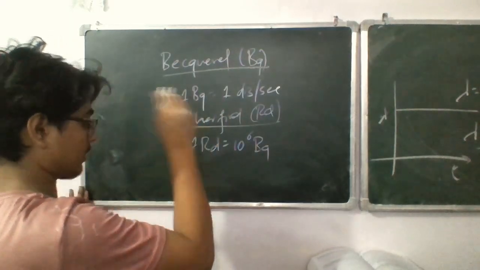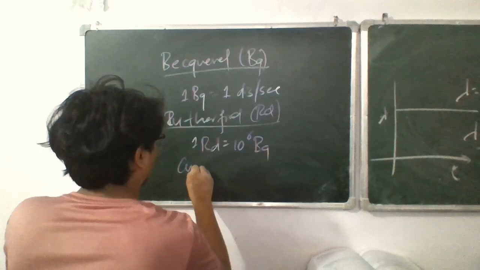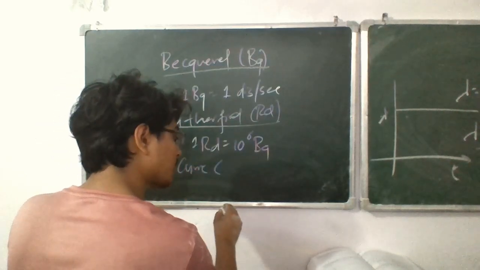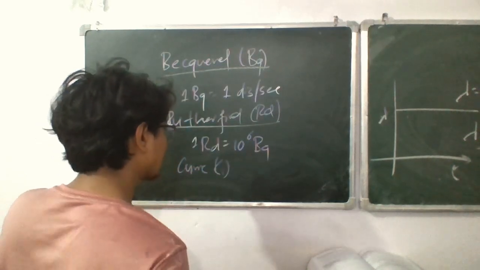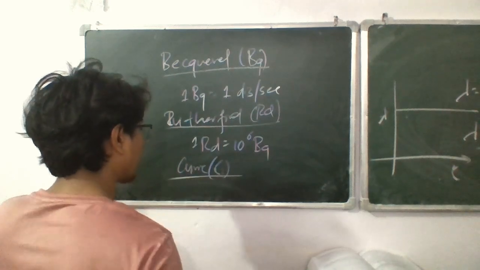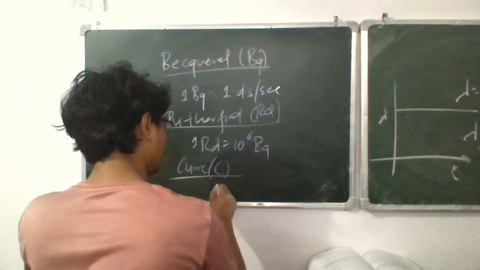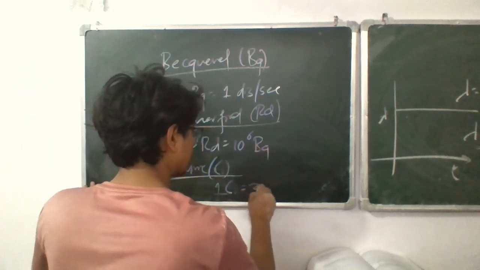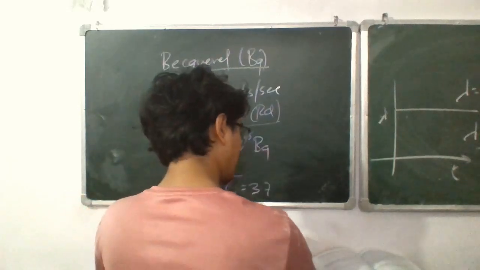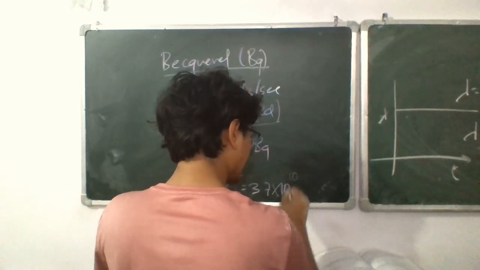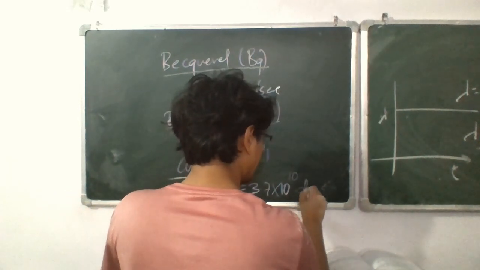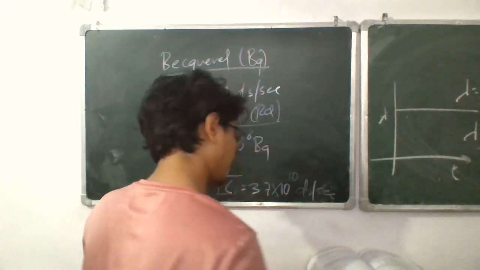Then we have the Curie, which is denoted by Ci, and 1 Ci is equal to 3.7 into 10 to the power 10 disintegration per second.